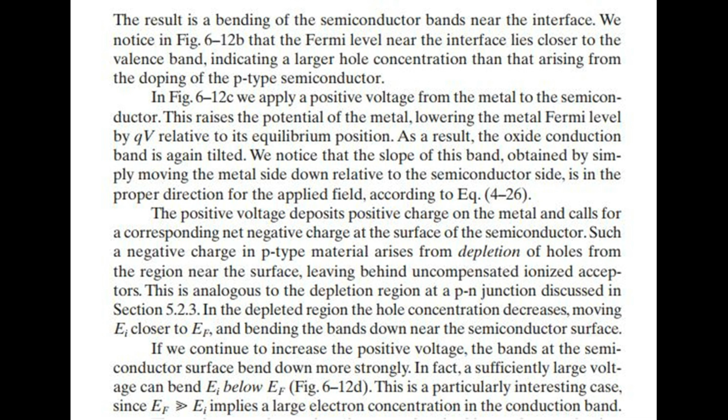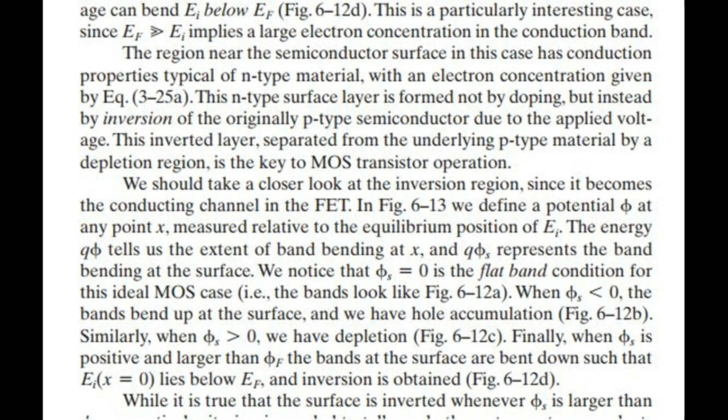In fact, a sufficiently large voltage can bend E_i below E_F, Fig 6.12d. This is a particularly interesting case, since E_F > E_i implies a large electron concentration in the conduction band. The region near the semiconductor surface in this case has conduction properties typical of n-type material, with an electron concentration given by Eq. 3.25a.